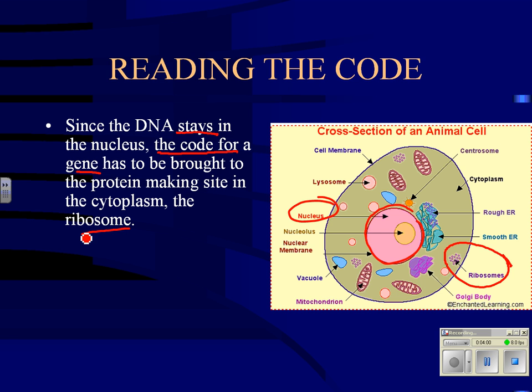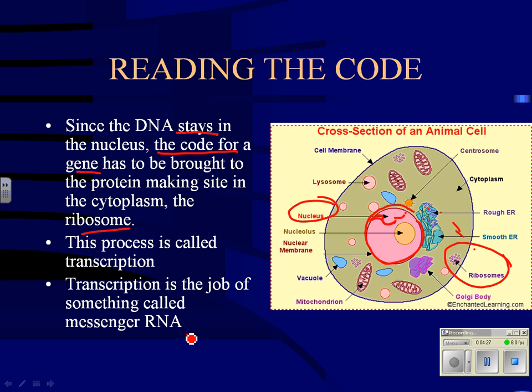But the DNA is in the nucleus. And the code for DNA, that code has to be brought to the ribosome. The process of taking the DNA code from here to here is called transcription.